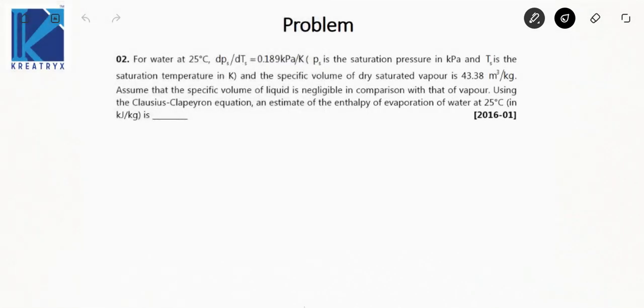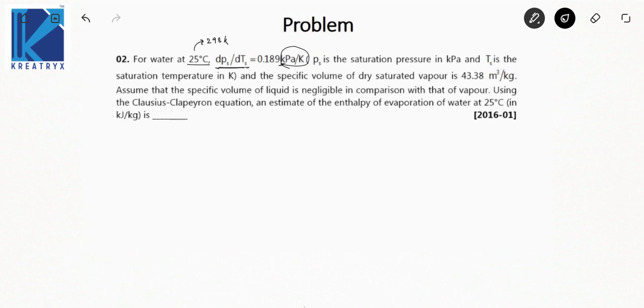For water at 25 degrees Celsius, I will change it in Kelvin, 298 Kelvin, dP by dTs. Whenever you look at this term, your mind should go towards the Clausius-Clapeyron equation. There can be a possibility of the usage of that equation in this question. dP by dTs is equal to 0.189 kilopascal per Kelvin, where Ps is the saturation pressure in kilopascal and Ts is the saturation temperature in Kelvin.